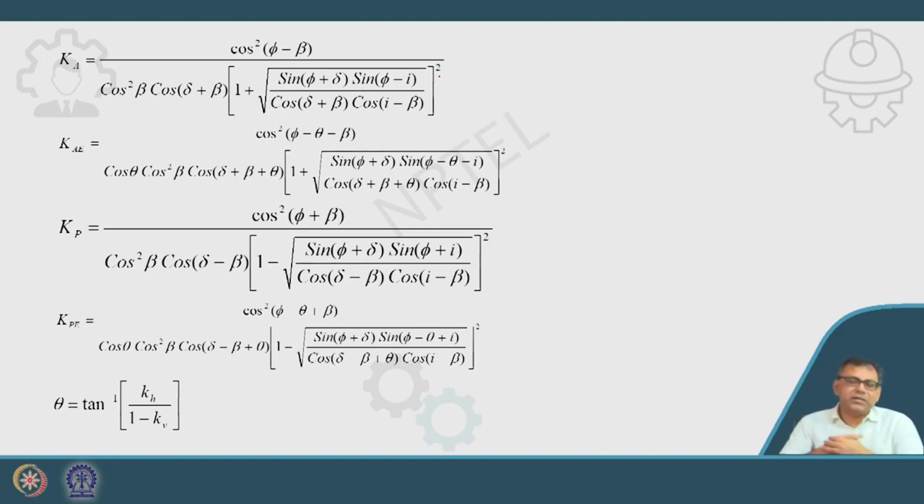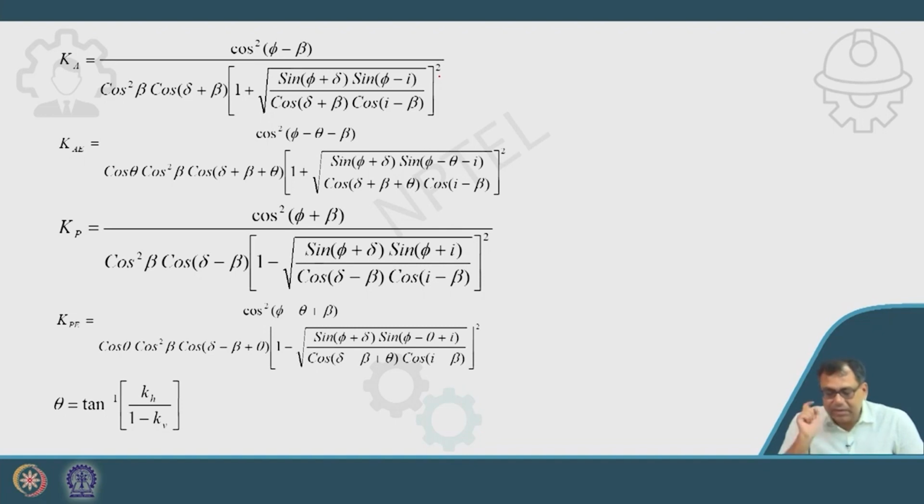That means it is quite obvious that your slope angle will not be greater than phi. If it is greater than phi, the sine will be negative and you will not get any solution. So that is the static condition.